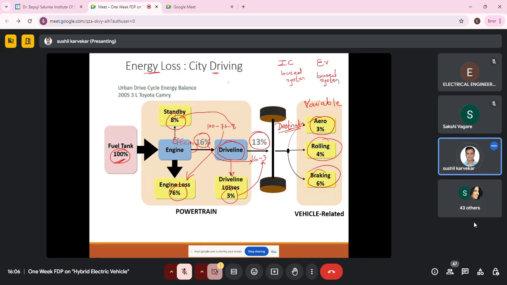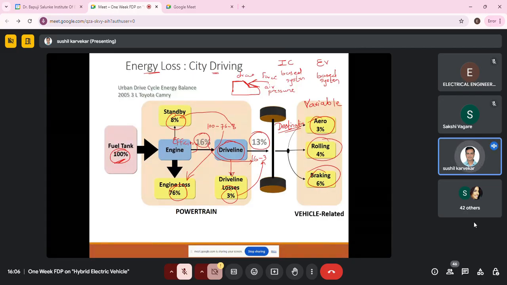If we are having an electric vehicle, then we can say that the aerodynamic drag is going to be the force. It is going to be due to the air pressure.